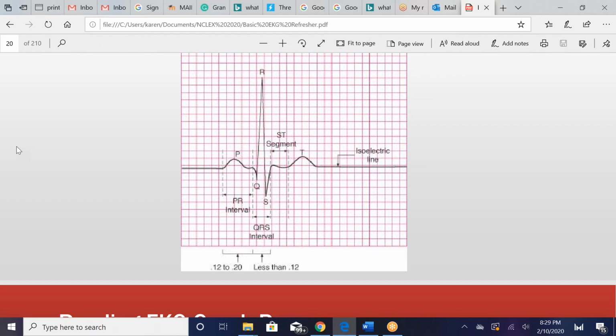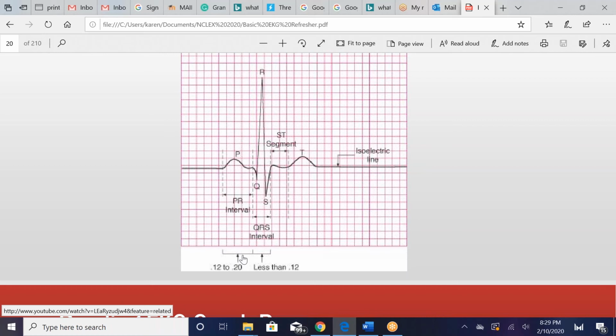So if you look at this, we have small boxes. It says from the beginning of the P until the end of the P should be 0.12 to 0.20.